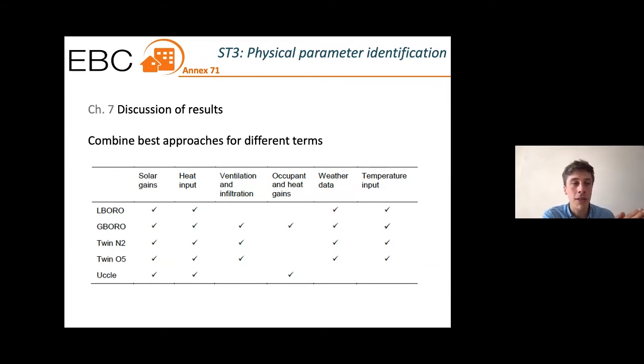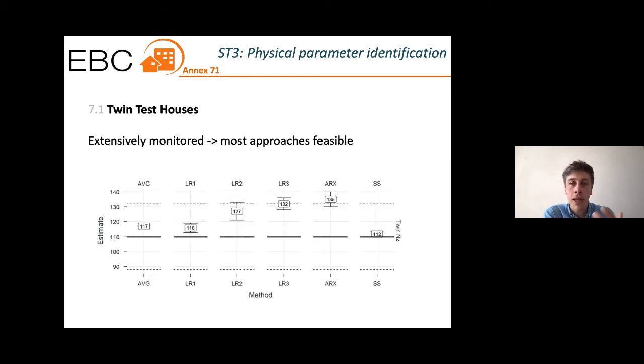It begins with the case studies, and for each of the case studies, given the expert knowledge we obtained, we identified the best approach to assess the heat transfer coefficient. So this chapter looks at the different case studies and tries to come up with the best results that we deem possible for the case.